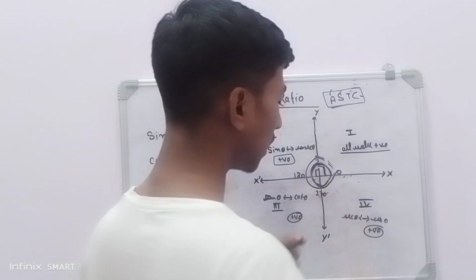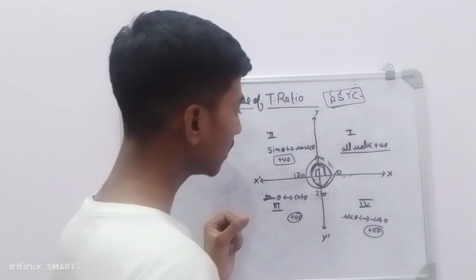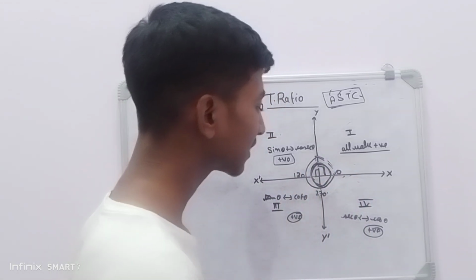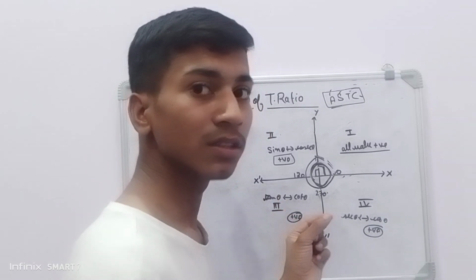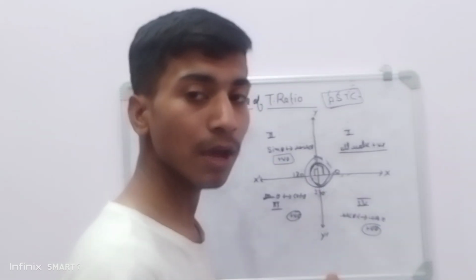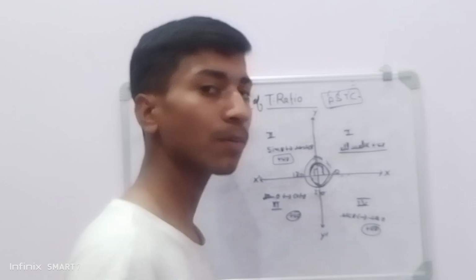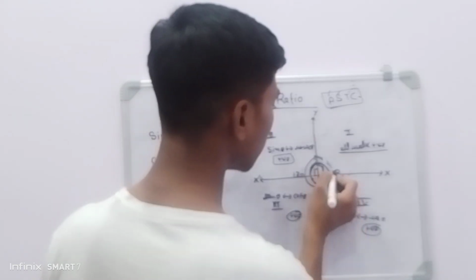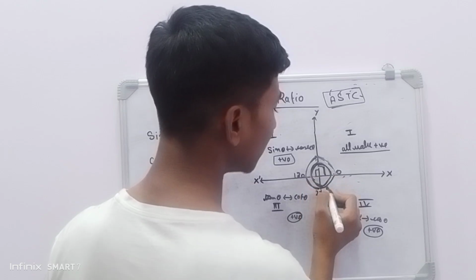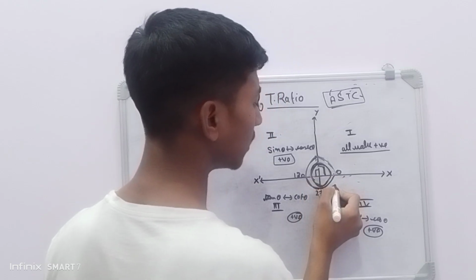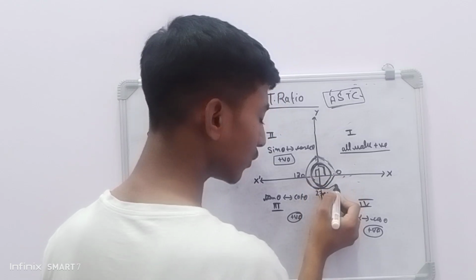Next, the last question on this concept: if I ask you sec 300, what will be the value of sec 300? Is it positive or negative? Starting from here, 90 degrees, 180, 270 and 360, 300 lies in the fourth quadrant.